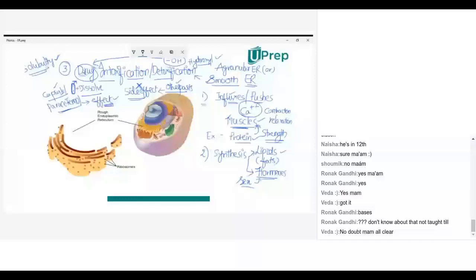Now, the vaccination process is nothing but giving a live or dead organism into the body. The best example is the polio vaccine.